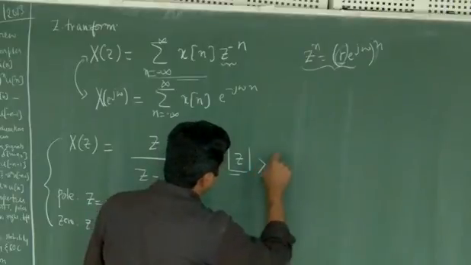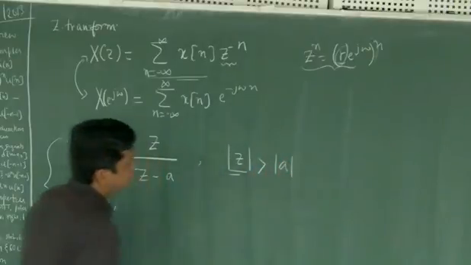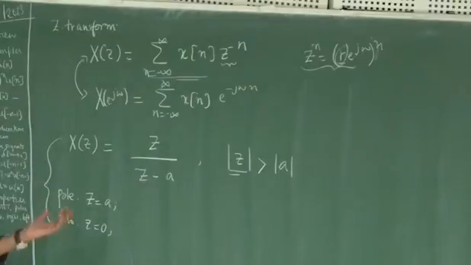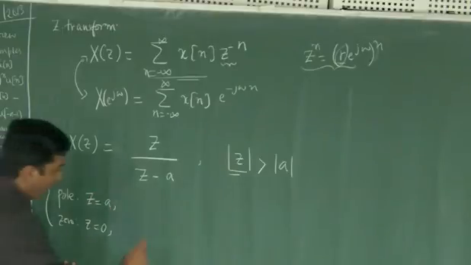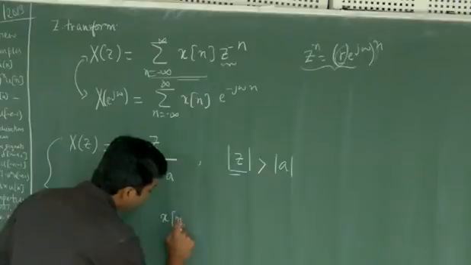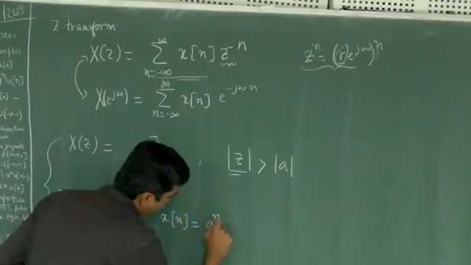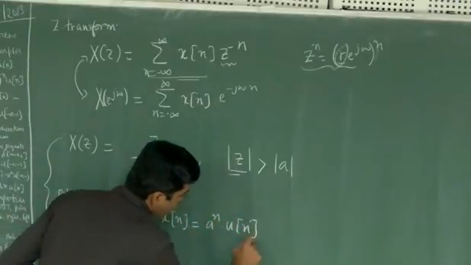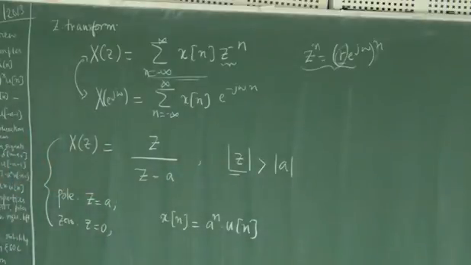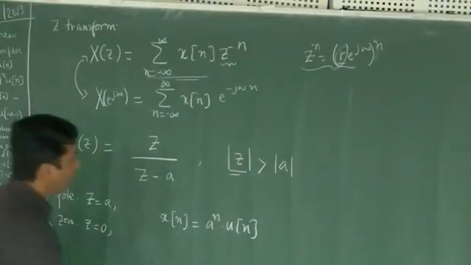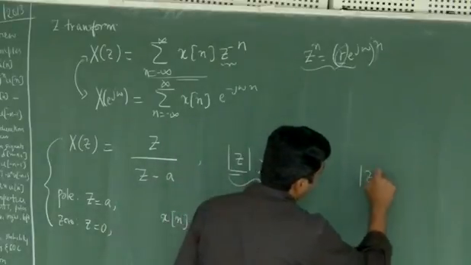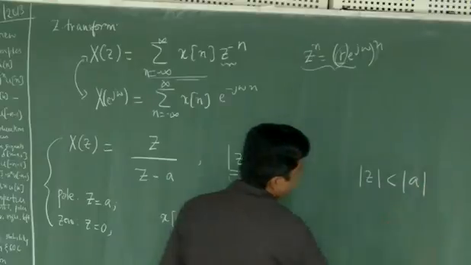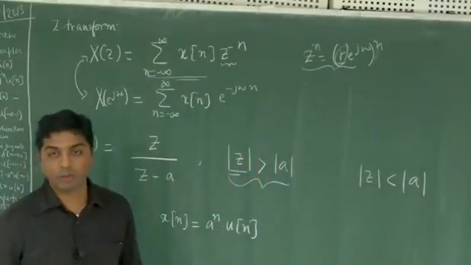Say if I did that, do you recall what the input sequence was for us to get this Z transform? Right. So this, correct? And suppose instead of this, I gave the condition, in that case, what sequence would I have?